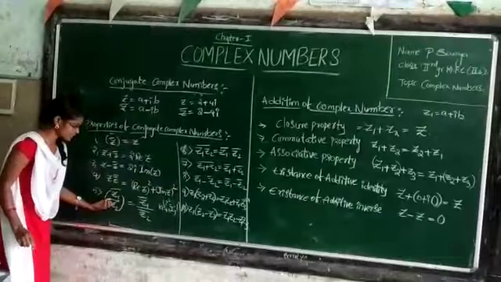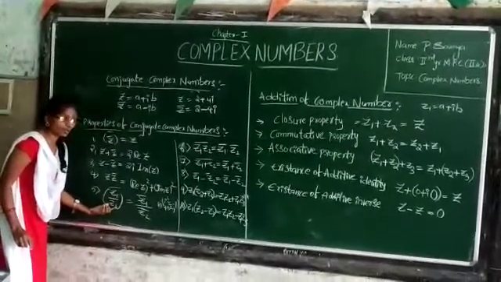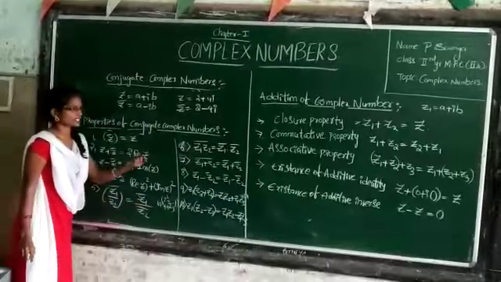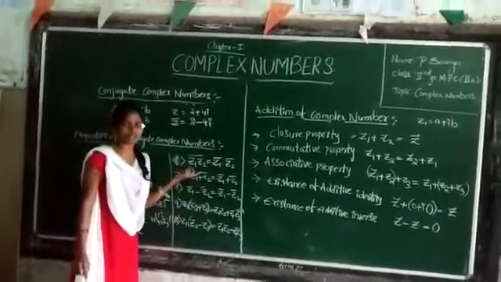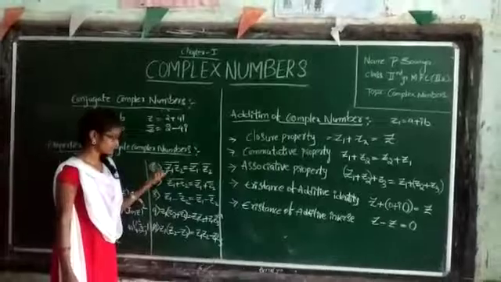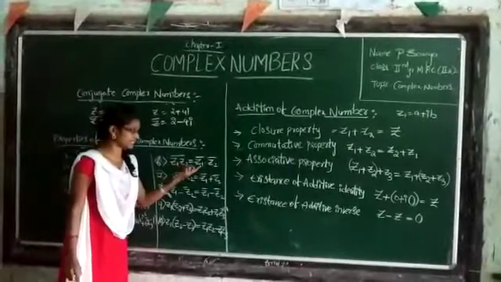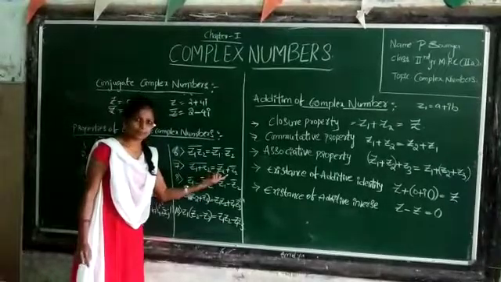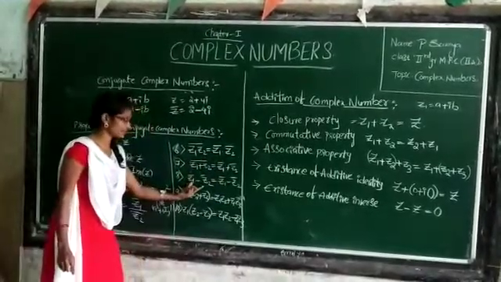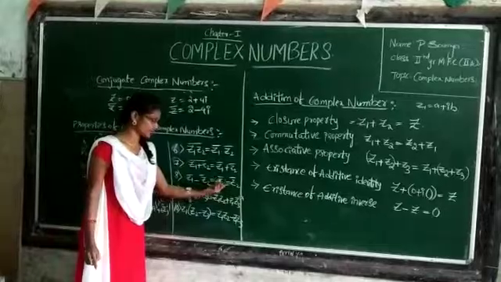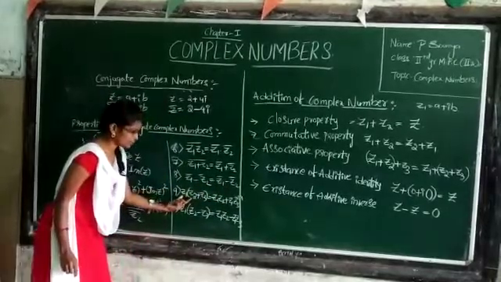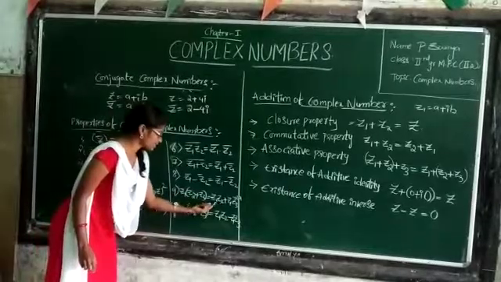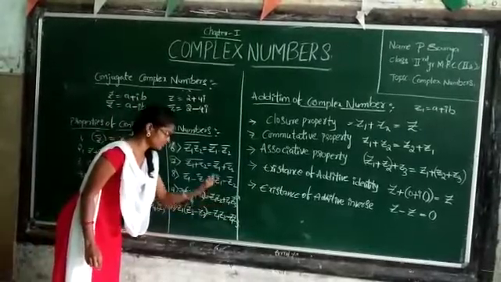And here z1 by z2 whole conjugate is nothing but z1 conjugate by z2 conjugate. And for the multiplication of two, the conjugate of the product is z1 z2 conjugate. In addition, z1 conjugate plus z2 conjugate. In subtraction, z1 conjugate minus z2 conjugate. And here multiply these two, then what will you get? z1 into z2 plus z3 only, that is z1 z2 plus z1 into z3.